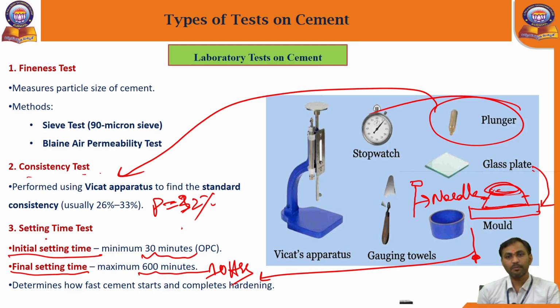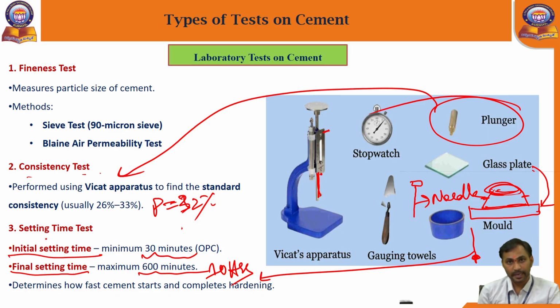Sir, what we will do is place this needle here. At the side, a screw is provided. If we remove that screw, slowly the stem will penetrate into the mold.